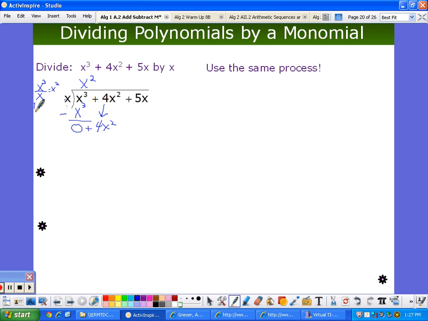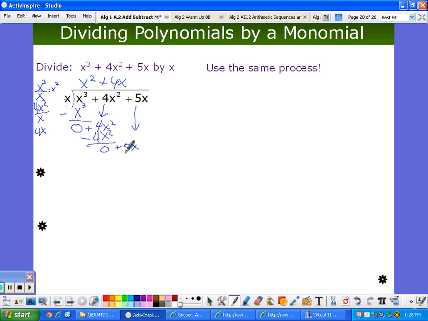Again, you can do this: you take the 4x squared, divide it by x. So x times what is 4x squared? You got it. 4x, right? Because the 4 comes down, x squared over x is just an x. 4x times x, and we should always get the exact match. Should always come back perfectly like that. Do the subtract, do the bring down.